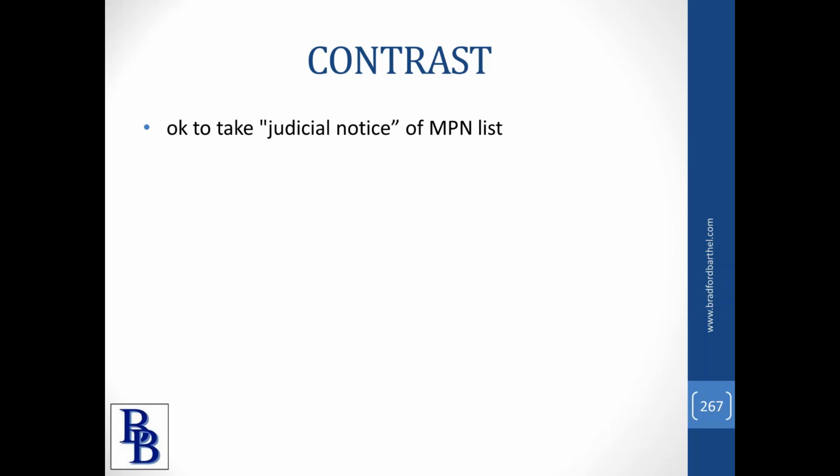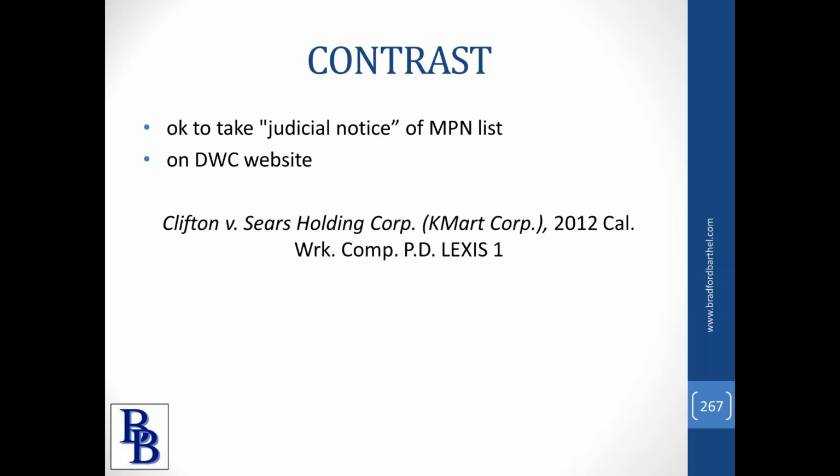The sun rises in the east and sets in the west. The party can assert that. The judge will say, I will take judicial notice of that without any evidence. Similarly, anything on the DWC website, the Permanent Disability Rating Schedule, the regulations, the Labor Code, the judge will take judicial notice of these things.